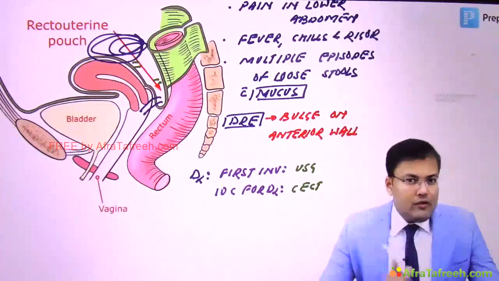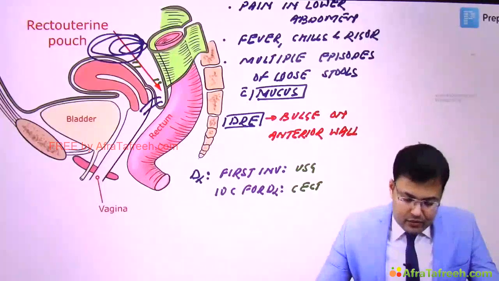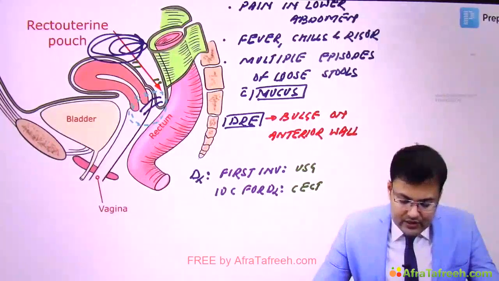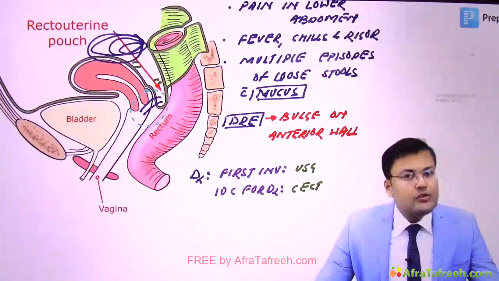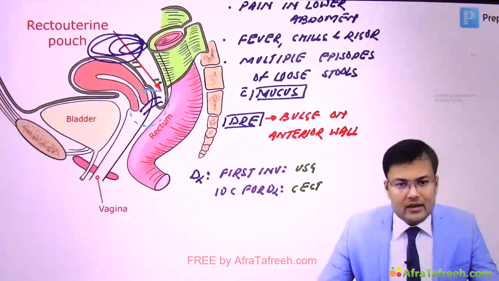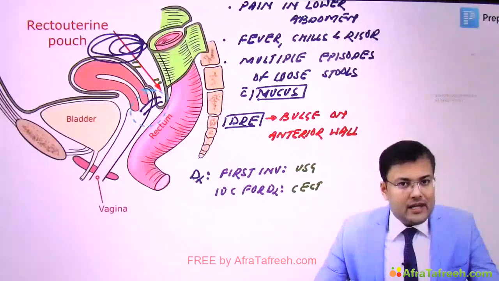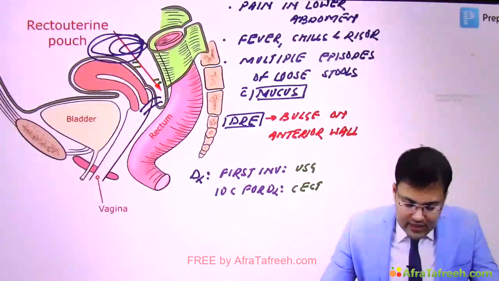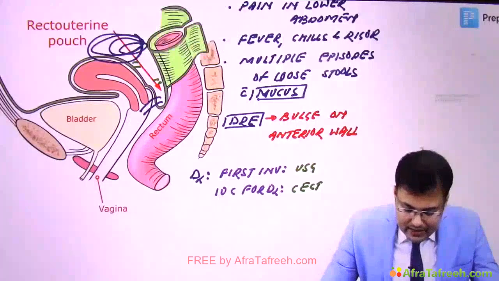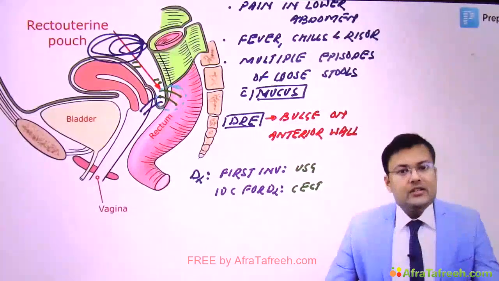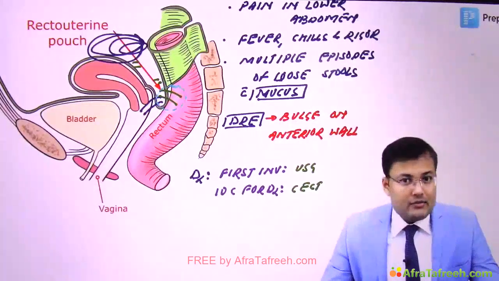So we are going to drain it via the posterior wall of vagina, and this is known as posterior colpotomy. Clear? In females. And in males, we are going to drain it via the anterior wall of rectum. Can you see here? So it is drained like this, via the anterior wall of rectum.